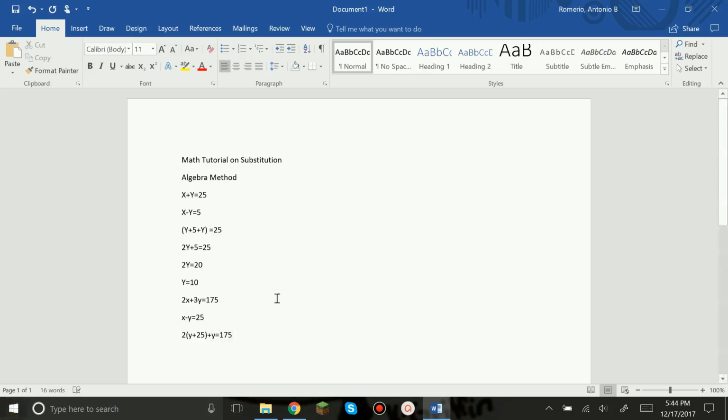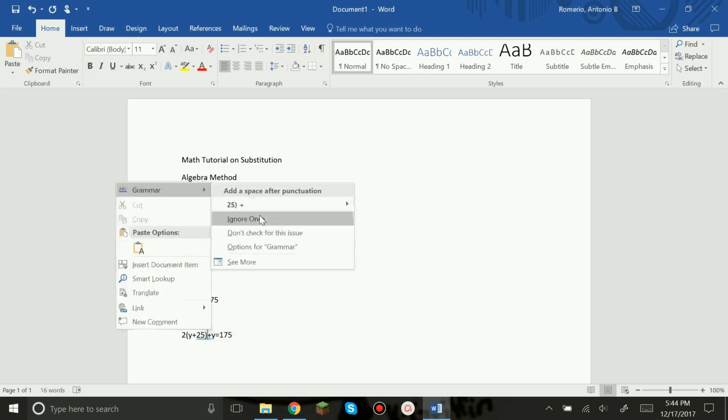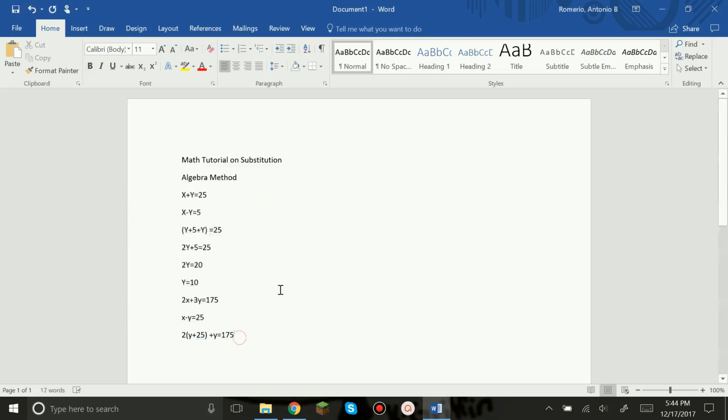And now you only have one variable, so now this problem has become possible. Remember, any equation with only one variable, no matter how many times that variable is repeated, is solvable. This means 2(y plus 25) plus y equals 175.